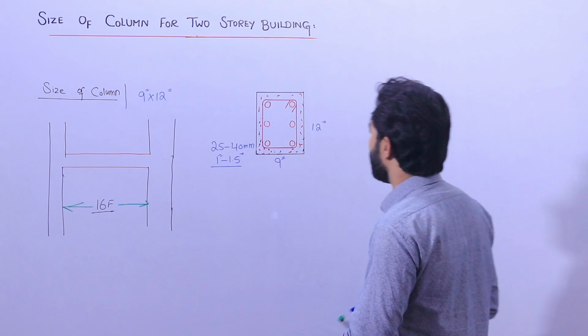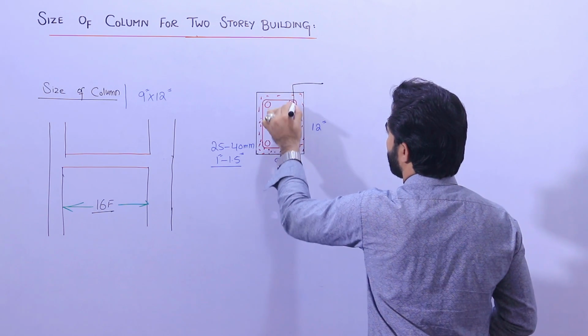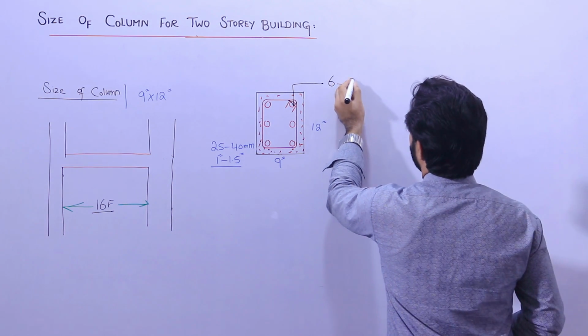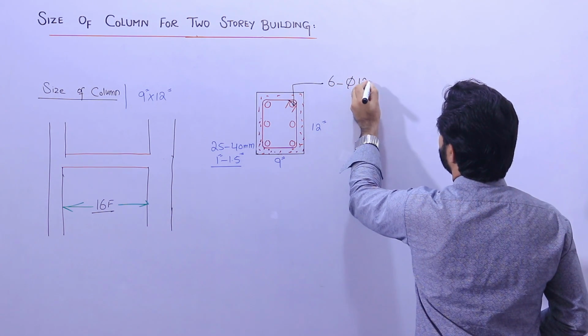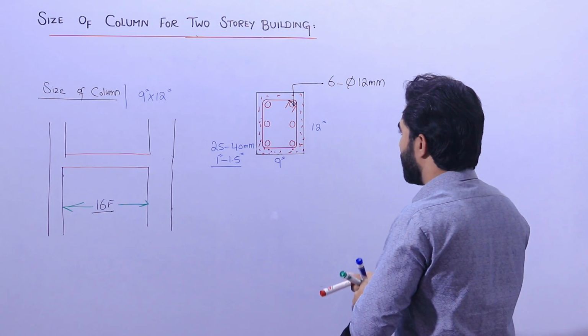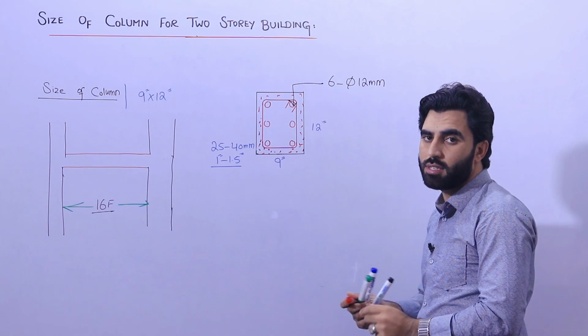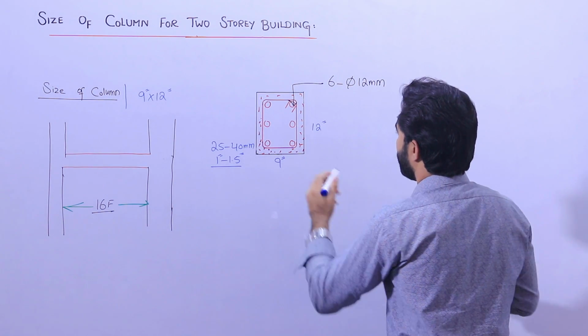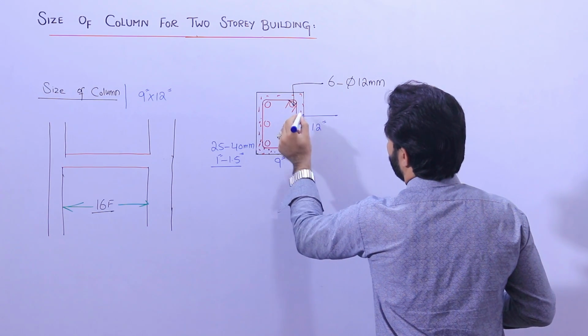Inside steel reinforcement, you can keep 6 numbers of steel rods, and the dia should not be less than 12 millimeter. Okay, now let me guide you for its stirrups details, or lateral ties, or you can say ring steel reinforcement. This is its tie.